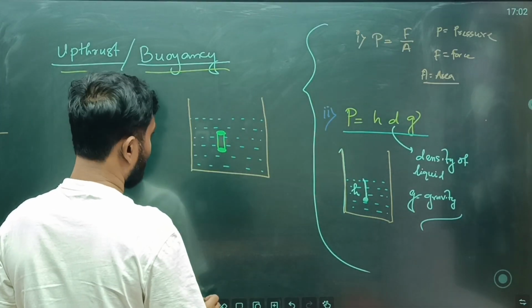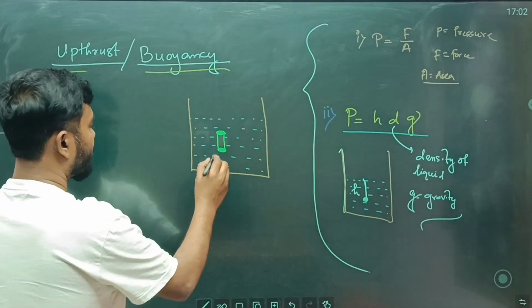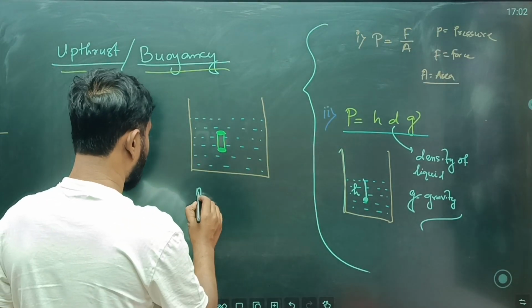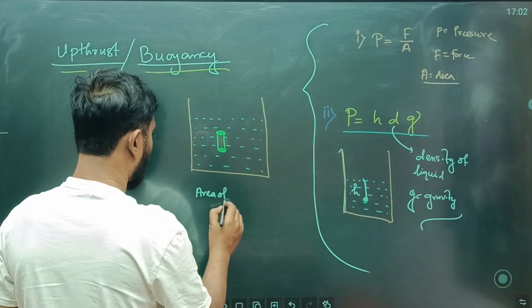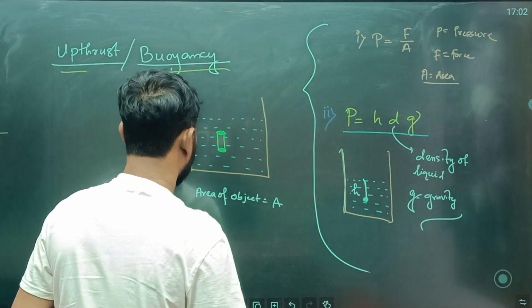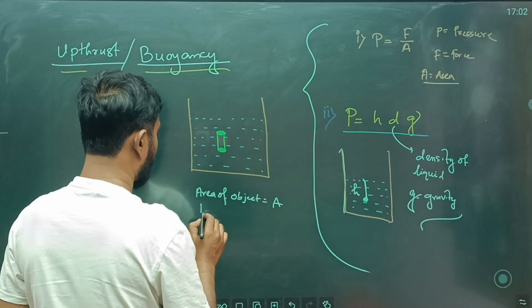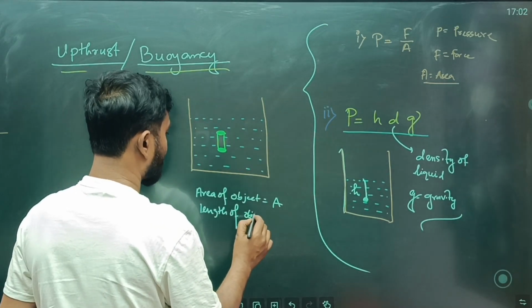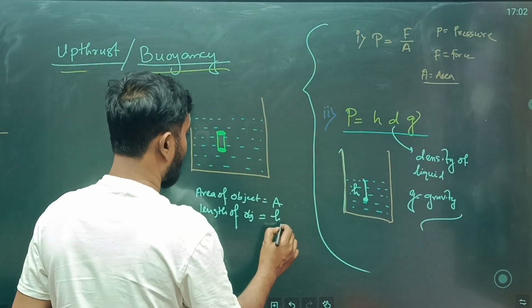The area of the object is A and the length of the object is equal to h.